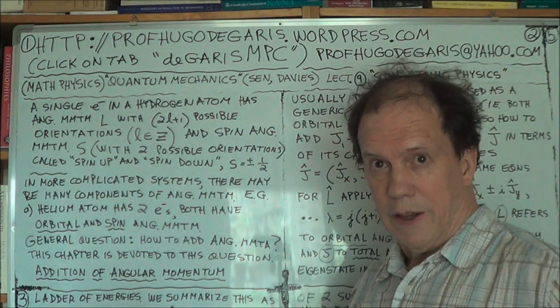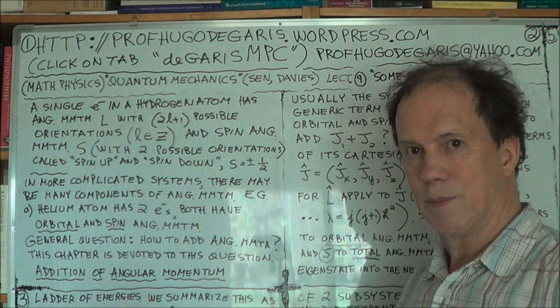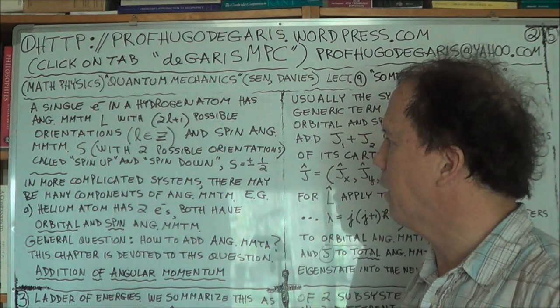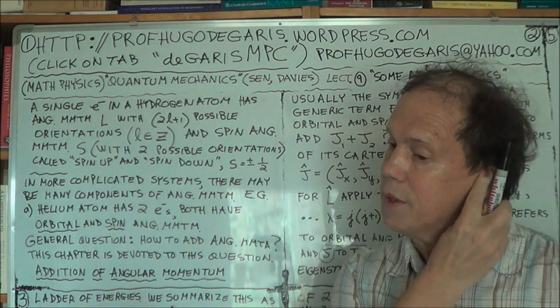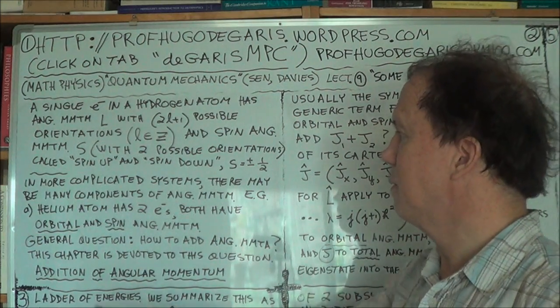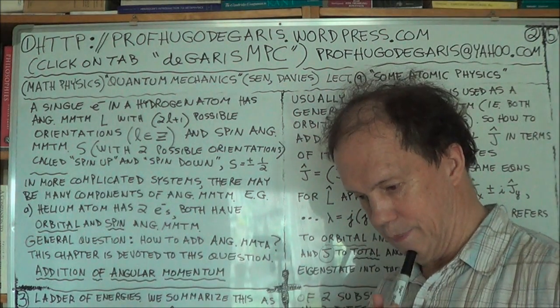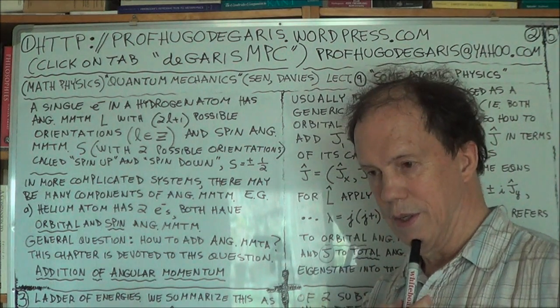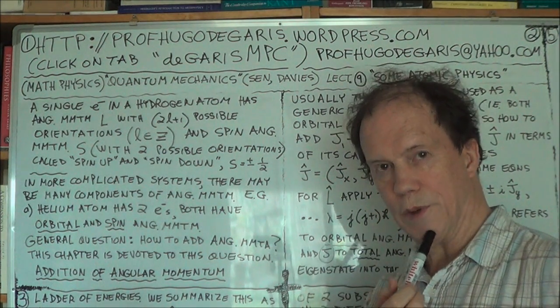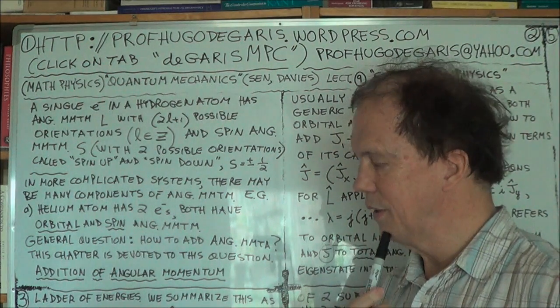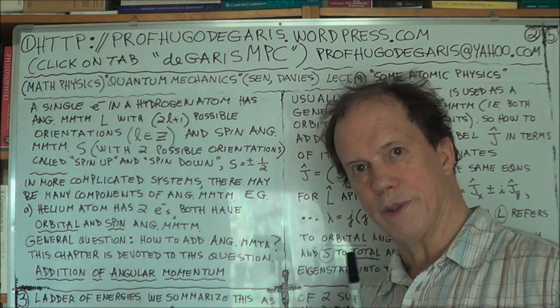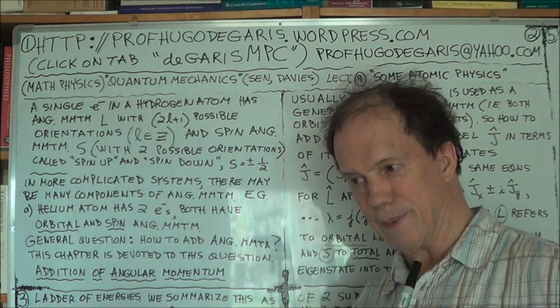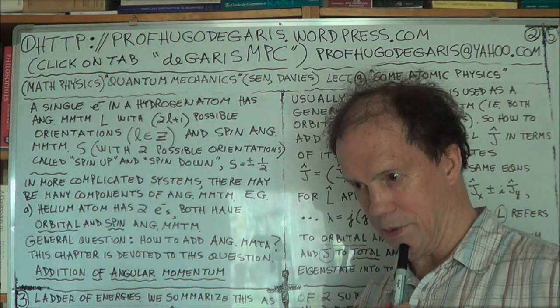You may have heard of alpha, beta, gamma particles, coined by Rutherford way back in the early 1900s.